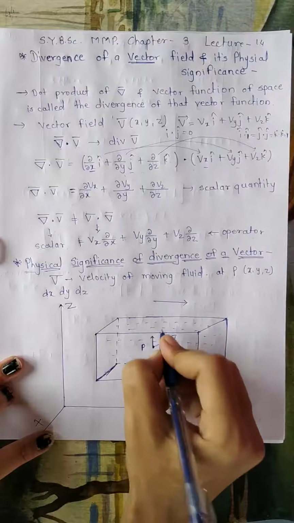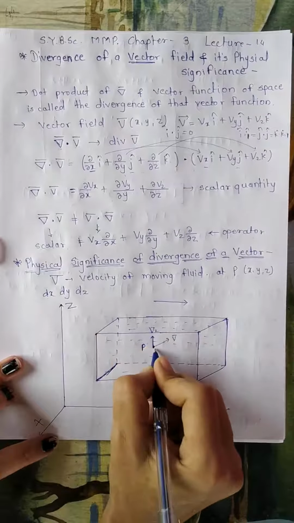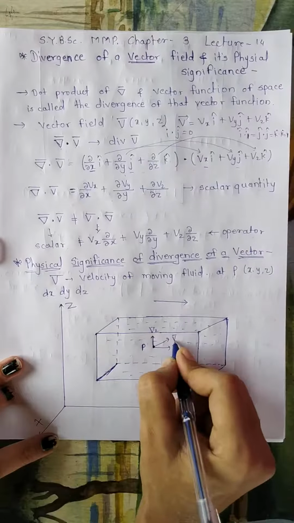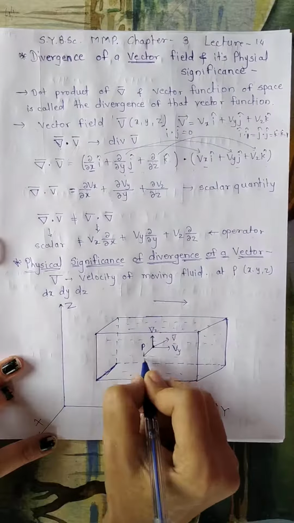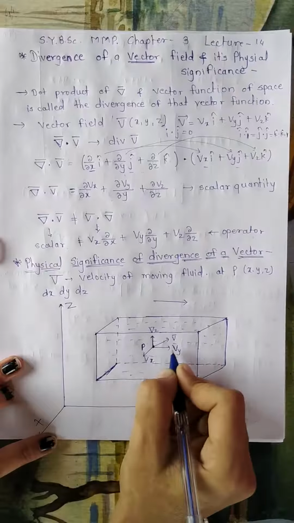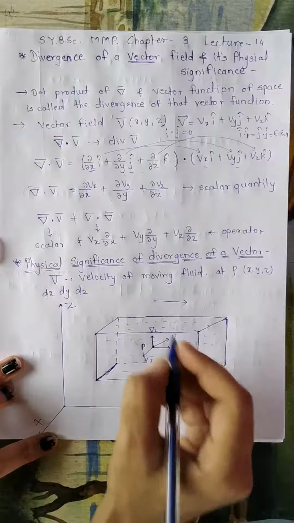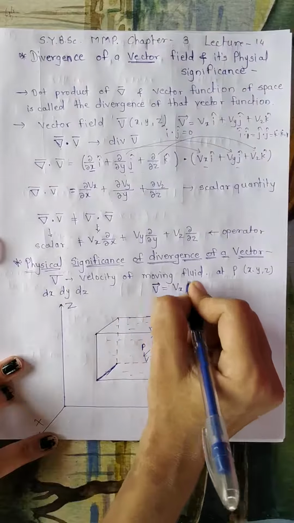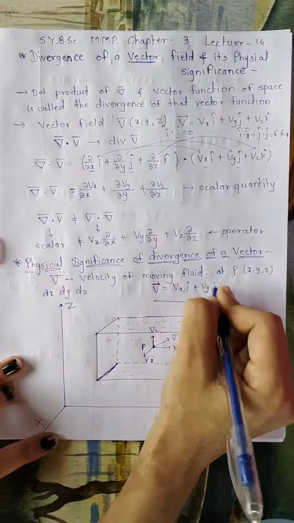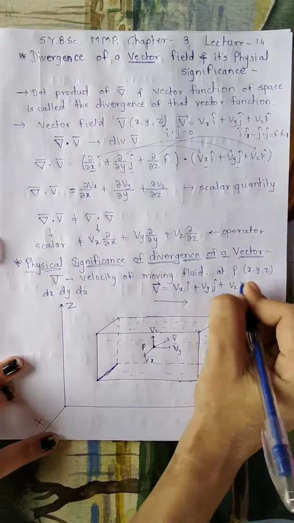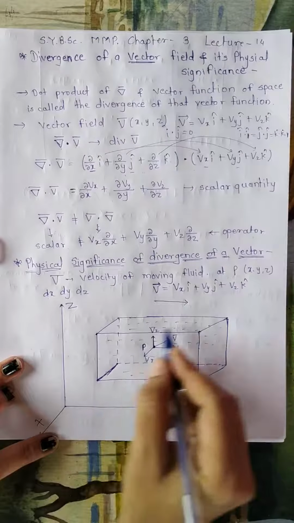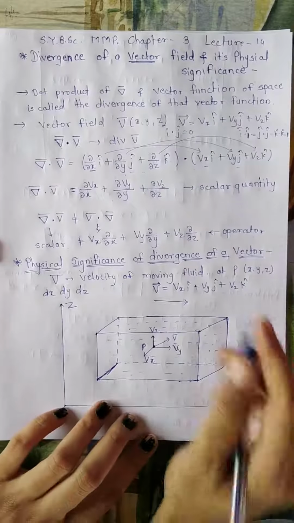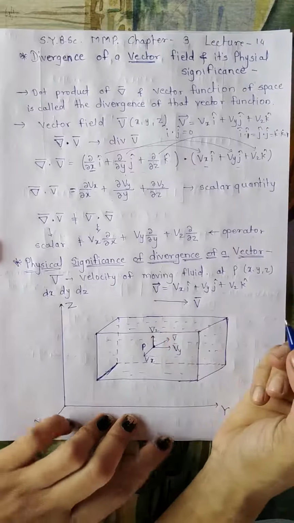So this will be the Vz component, this will be the Vy component, and this will be the Vx component of this velocity. We can represent this V bar as Vx i cap plus Vy j cap plus Vz k cap. Through this parallelopiped the fluid is flowing and its velocity is V bar.